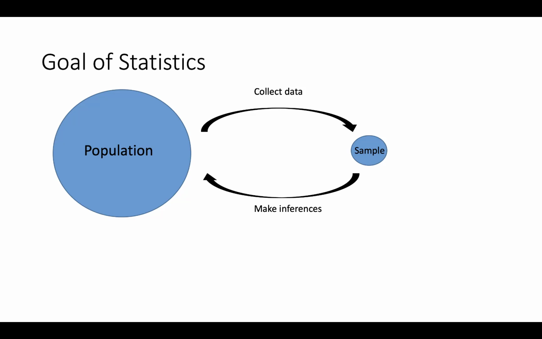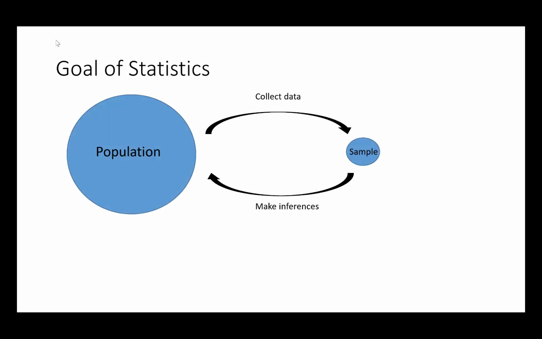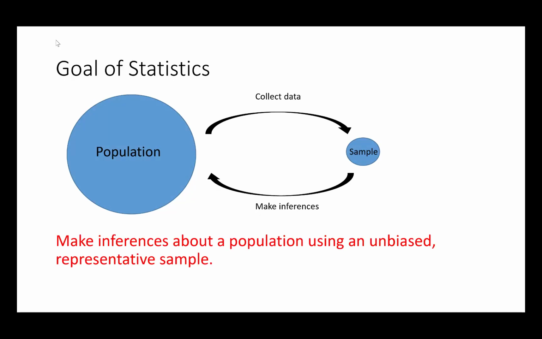This little visualization is the crux of this course. For all the complicated analyses that we're going to be doing in this course, it's all going to boil down to making inferences about a population using an unbiased and representative sample.